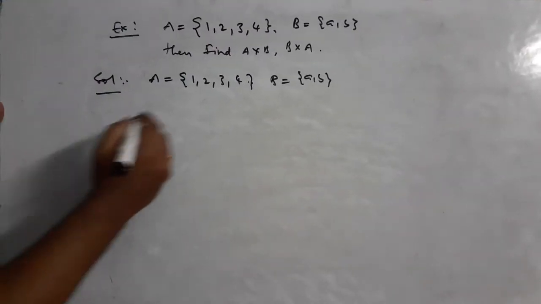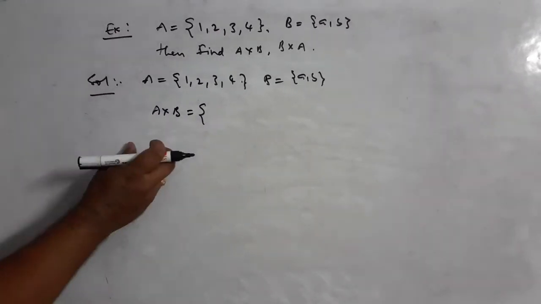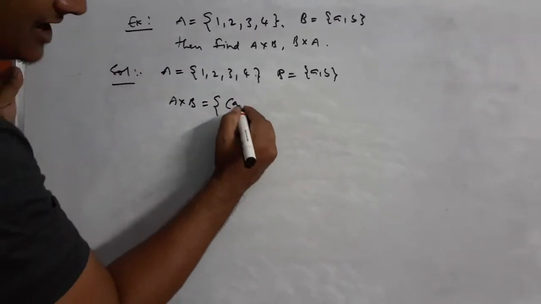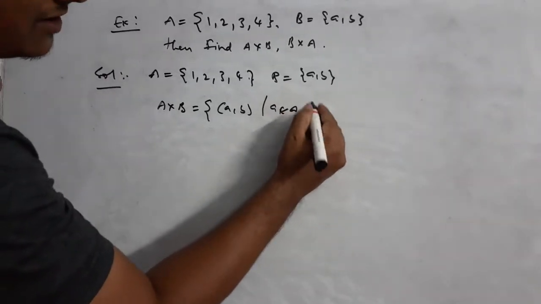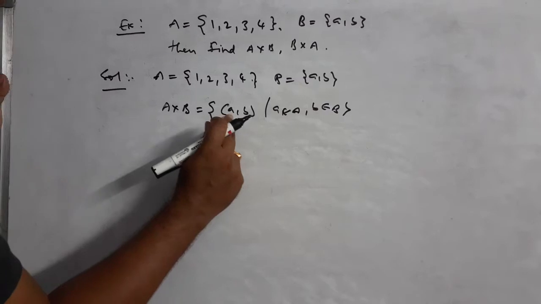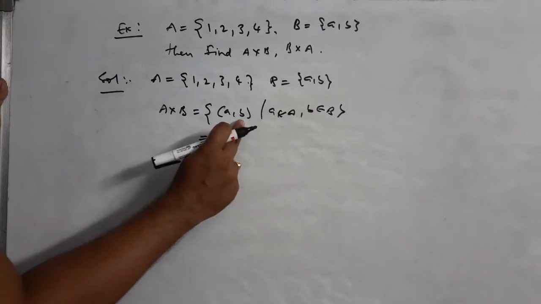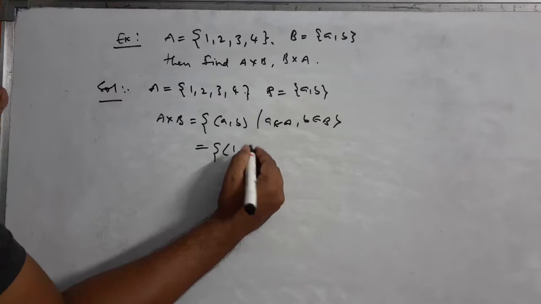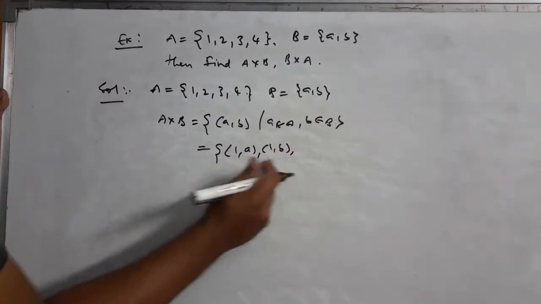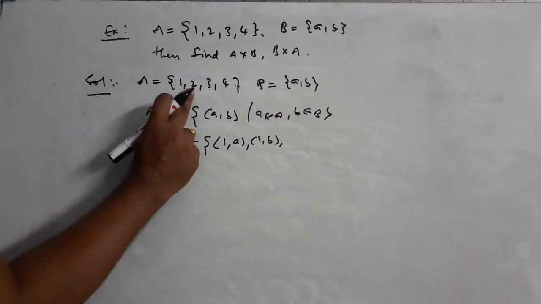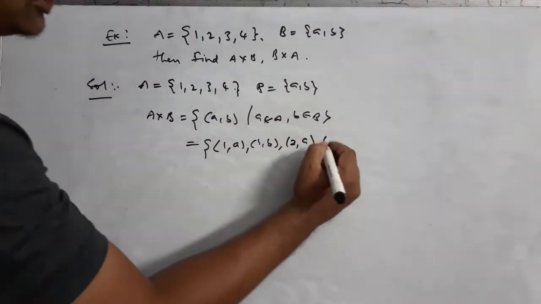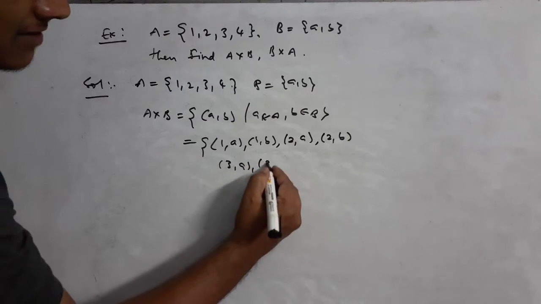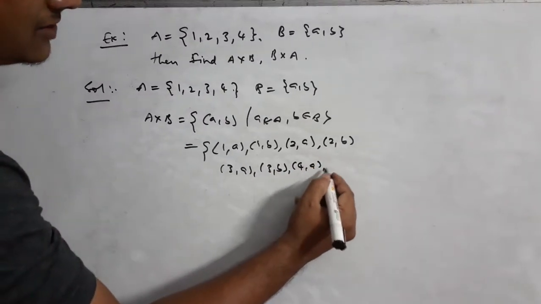So here A cross B means all possible ordered pairs (a, b) such that a is from A and b is from B. So we take the first coordinate from set A and the second coordinate from set B. First coordinate 1: (1, a), next (1, b). Then for the second element, (2, a), (2, b), next (3, a), (3, b), next (4, a), (4, b).